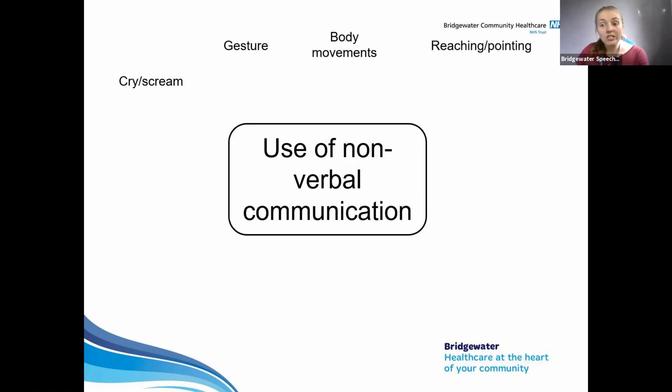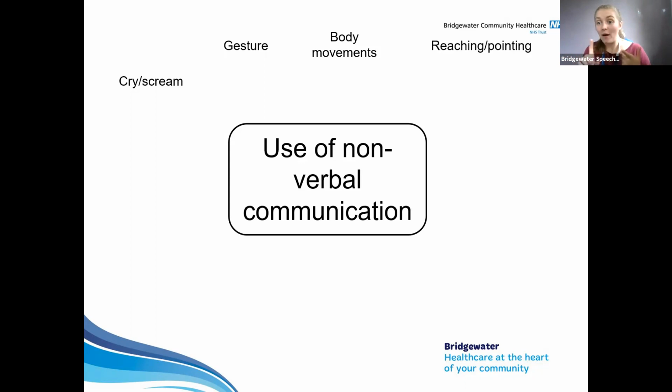And then you've got reaching and pointing. That's also a really vital stage in a child's development, because if you think about these previous stages, the crying and the body movements and the gesturing, they're not always intentional forms of communication. They're quite early forms of a child communicating with people that something's going on for them.